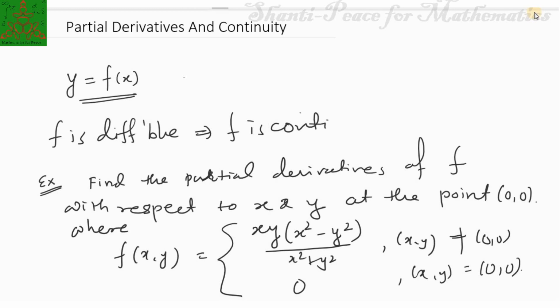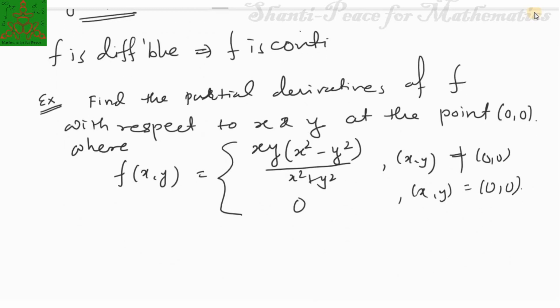First of all, you should notice that here we have to calculate the partial derivatives of the function with respect to x and y at (0, 0), and at (0, 0) this function has a different value. For non-zero points it has this value, at (0, 0) it has 0. So as per the definition, what is the definition of the partial derivative?